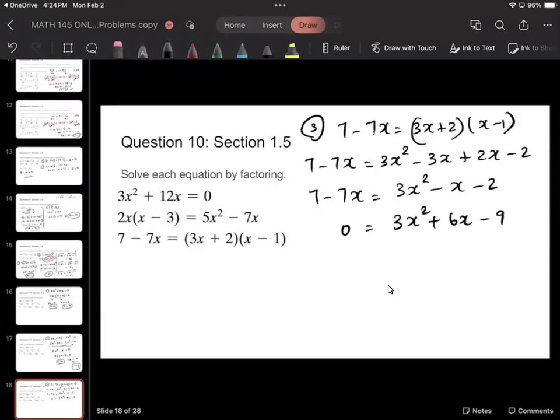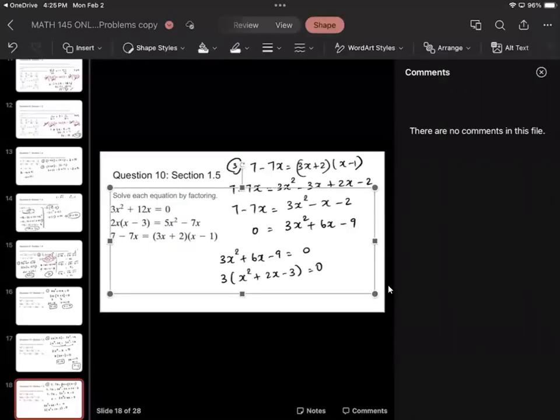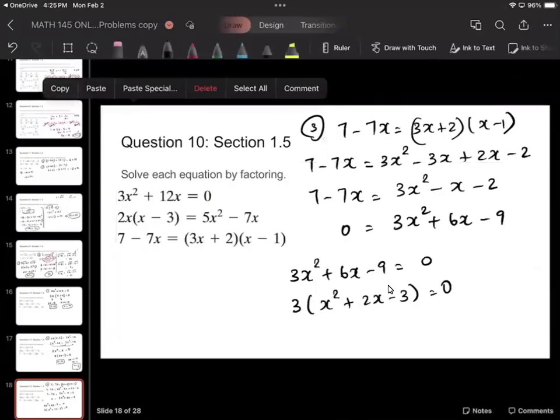So now I can rewrite it like so. It's the same thing, whichever way you write. Now you see how 3 is a common factor. Just take it out. It makes your life easier. And then if you divide both sides by 3, you're left with this.